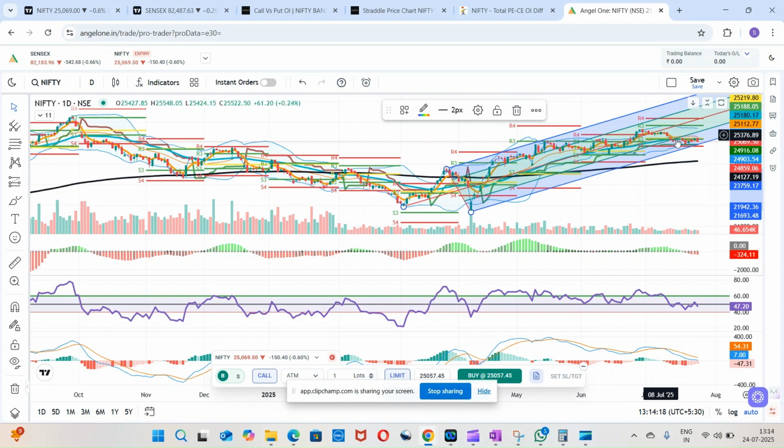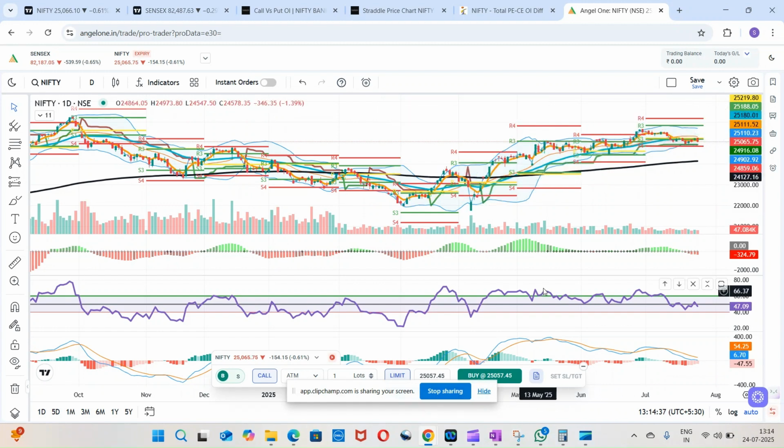So it helps you to identify the range and mean reversion, or median reversion. You could play median reversion, and resistance also you could use, that will be a downward movement. So that sort of thing you can do with this Andrews pitchfork.